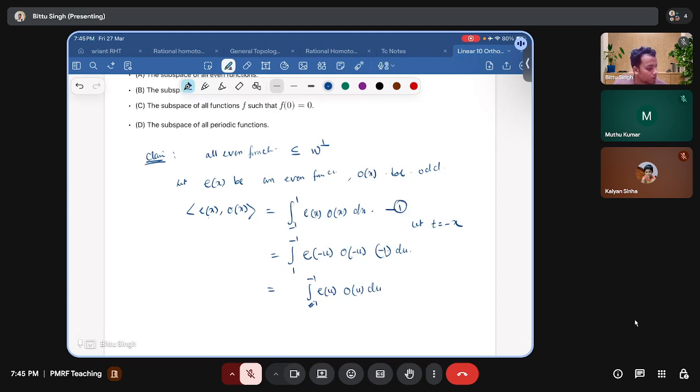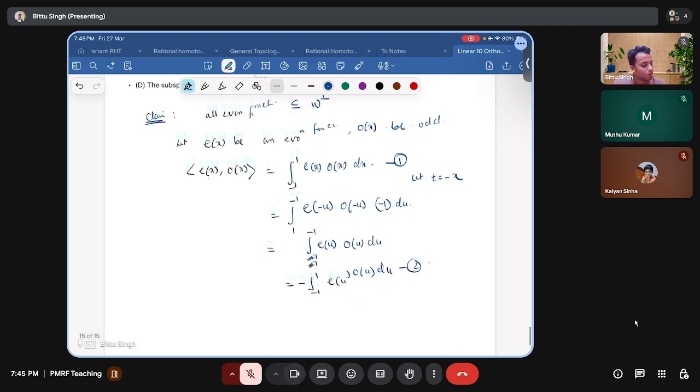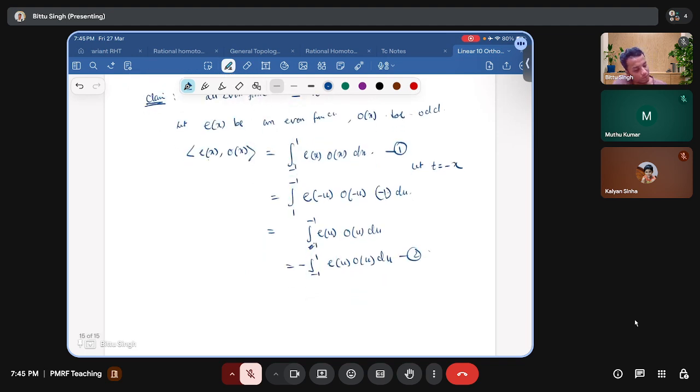Therefore, this one is same as minus of the same thing. That is, if we denote this one by k, this is same as minus k. So k is same as minus k if and only if k equal to 0.